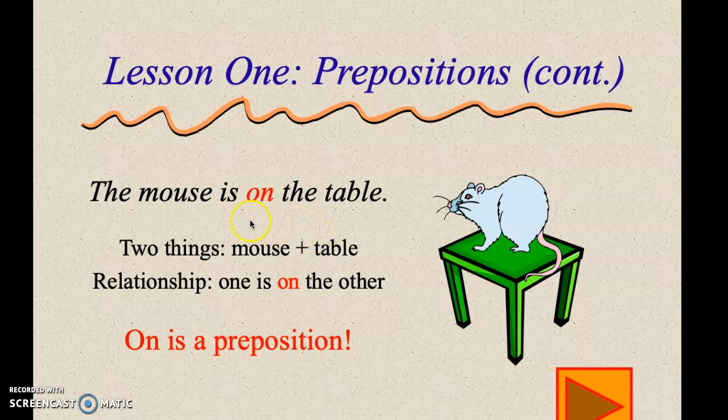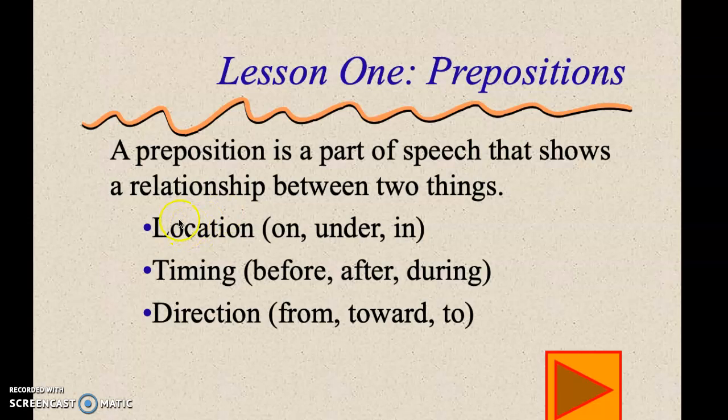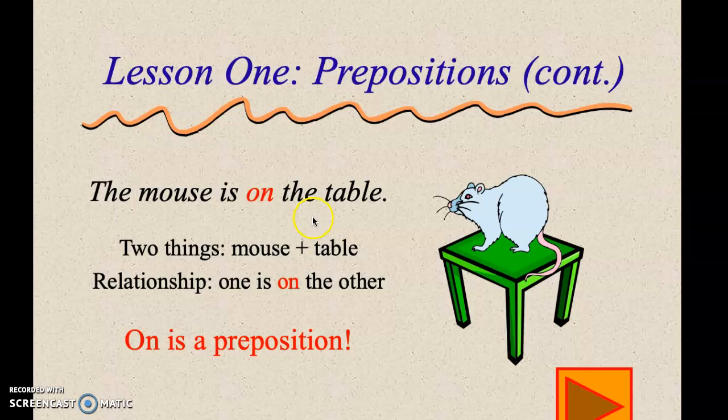Where is the mouse? The mouse is on the table. That goes back to describe the location of the mouse. The relationship between one is on the other, because the mouse is on the table. Okay, on is a preposition.